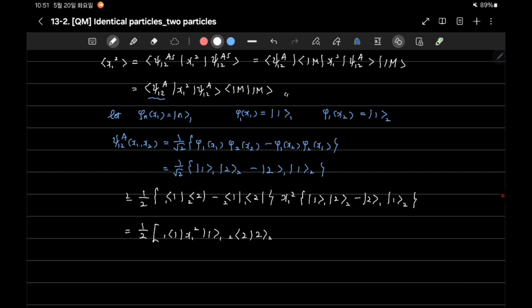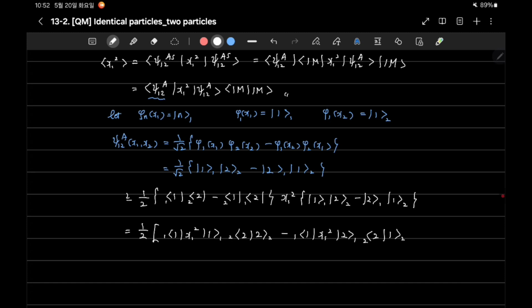The other one is to apply here to here, then minus 1 1, x1 square, and 2 1, and also 2 2 and 1 2.